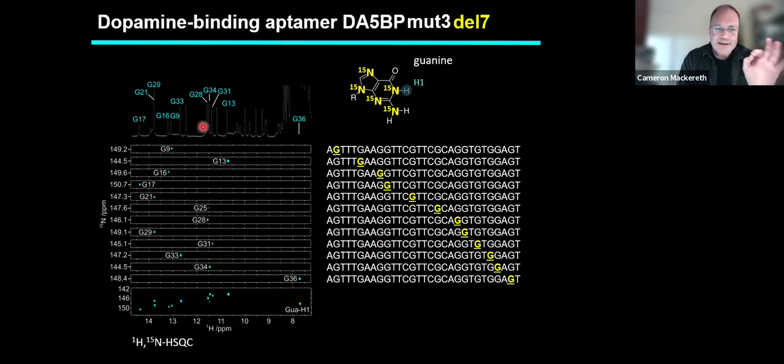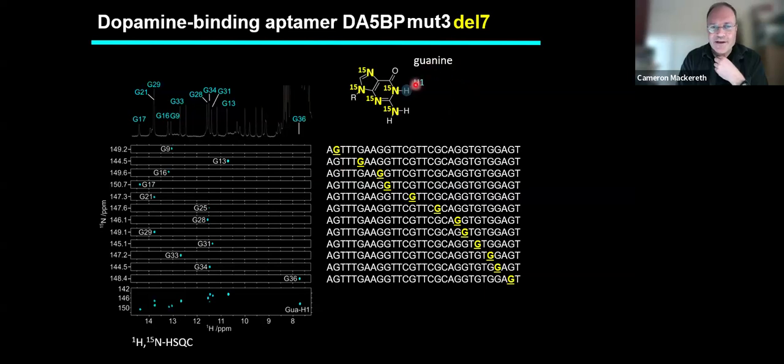So now we know already some of the information, but we already see, as I mentioned before, that this here is more or less the Watson-Crick area, but this is not. So already we see there's something different going on. And we also have a guanine 36, which is far to the right of the spectrum.